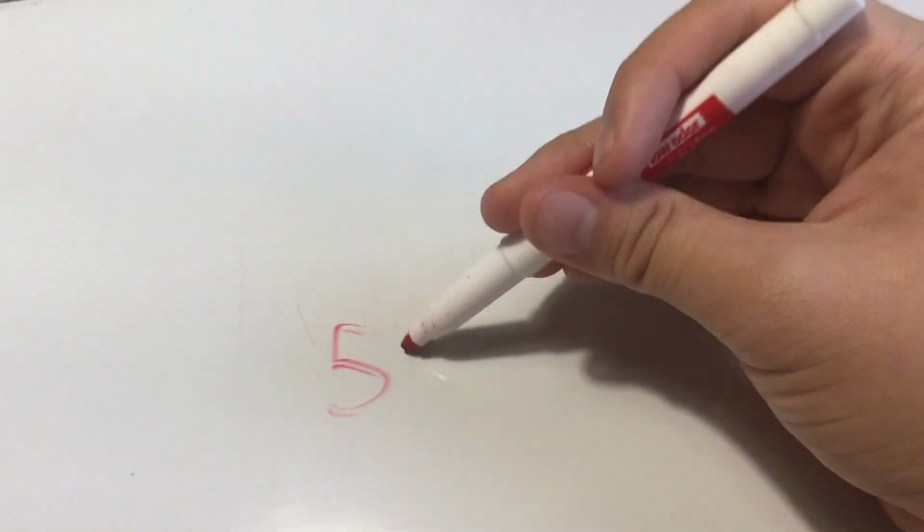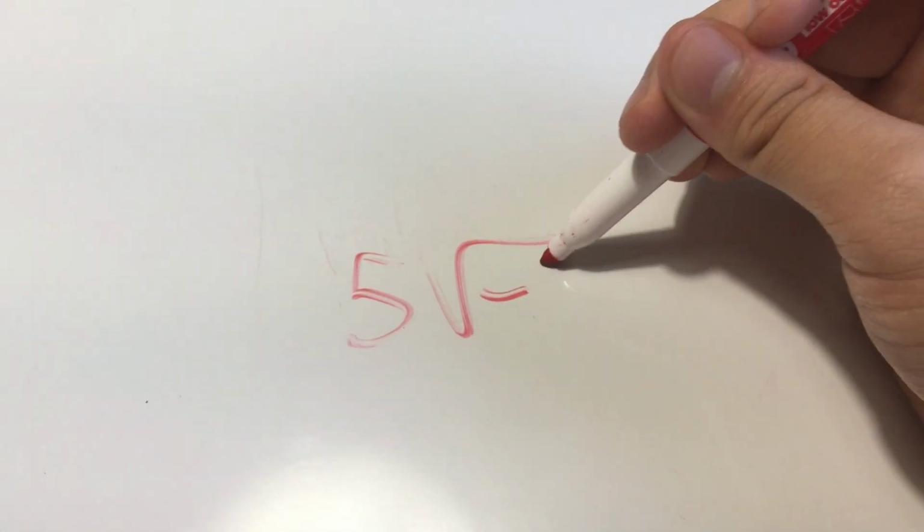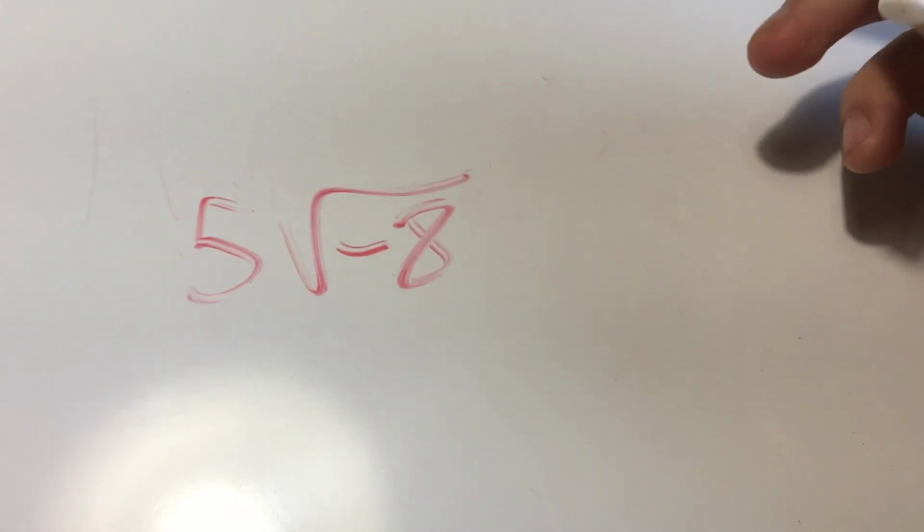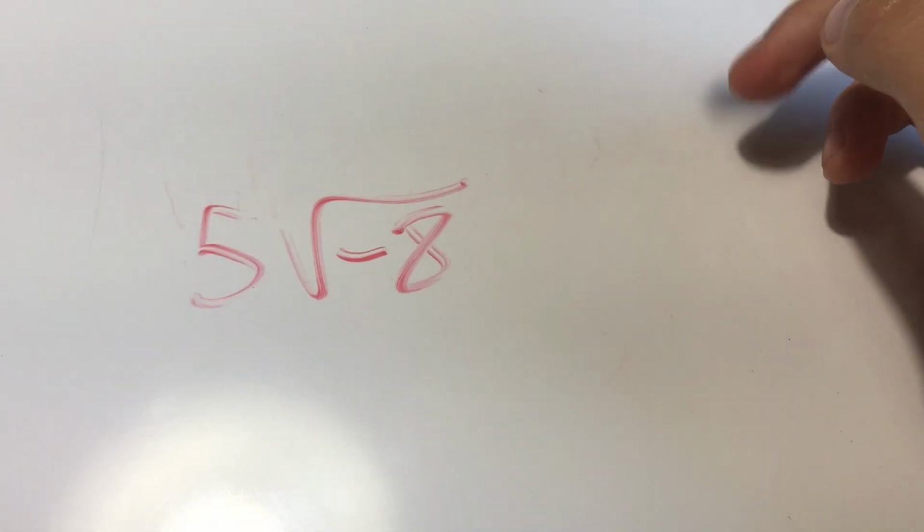Now you can just do some more practice with imaginary numbers. So solve 5 square root of negative 8. So let's solve this.